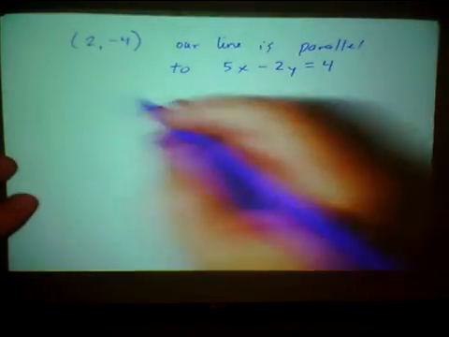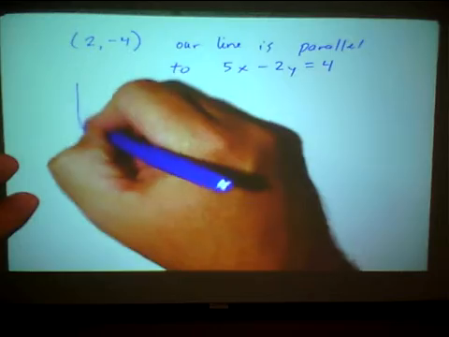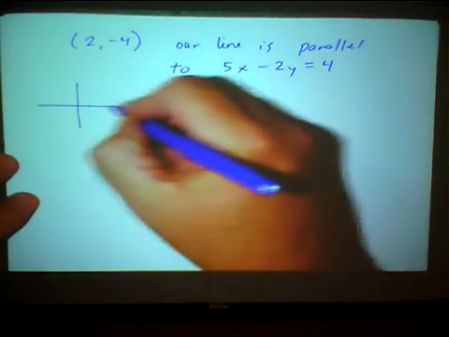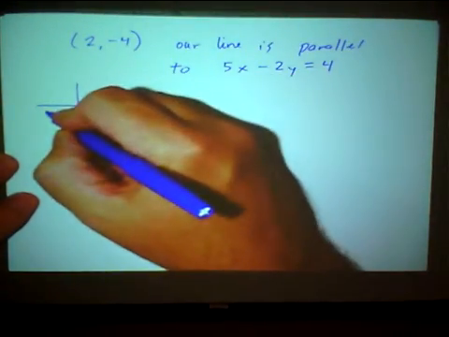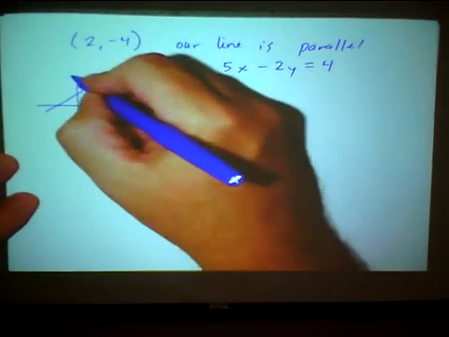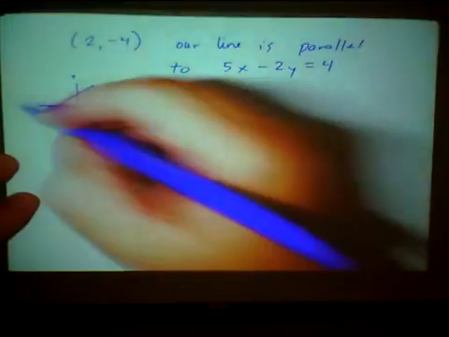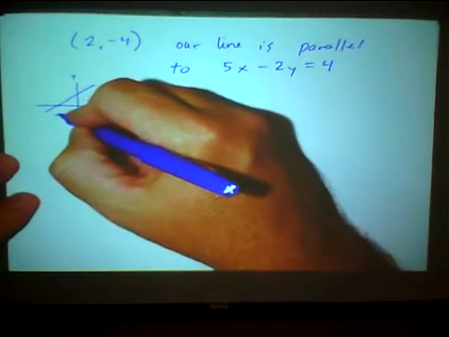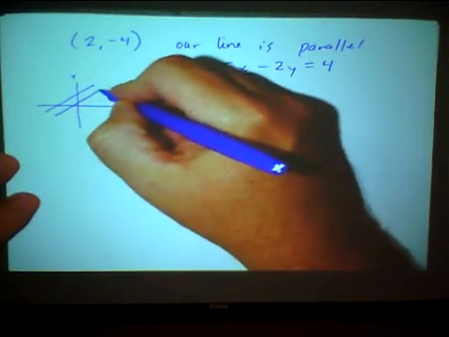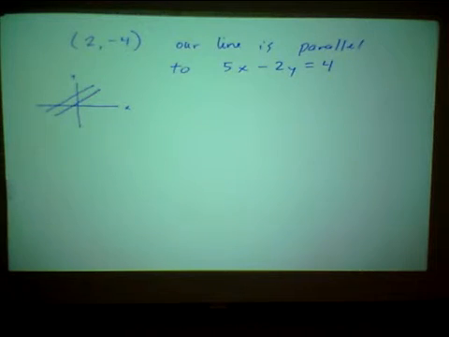So if I just draw a quick little diagram, hopefully you realize if I have one line that looks like this, a parallel line has the same exact slope. So there's an example of a parallel line. Parallel lines have equal slopes.